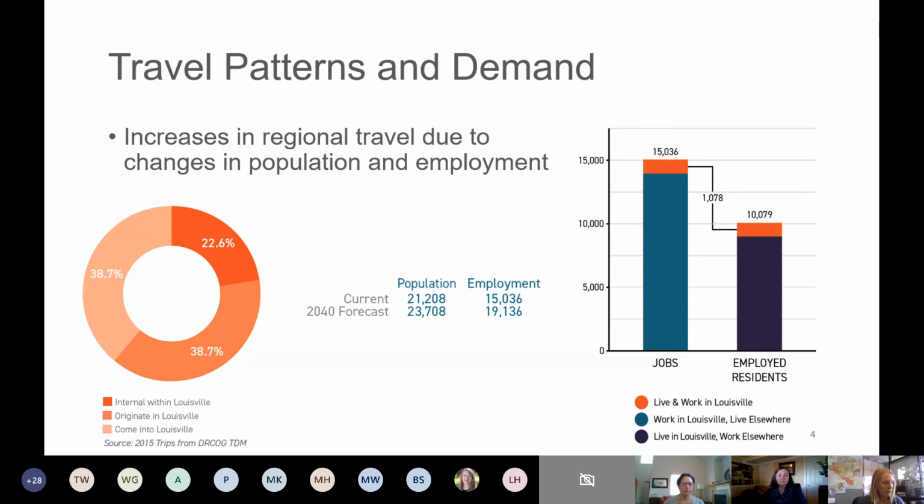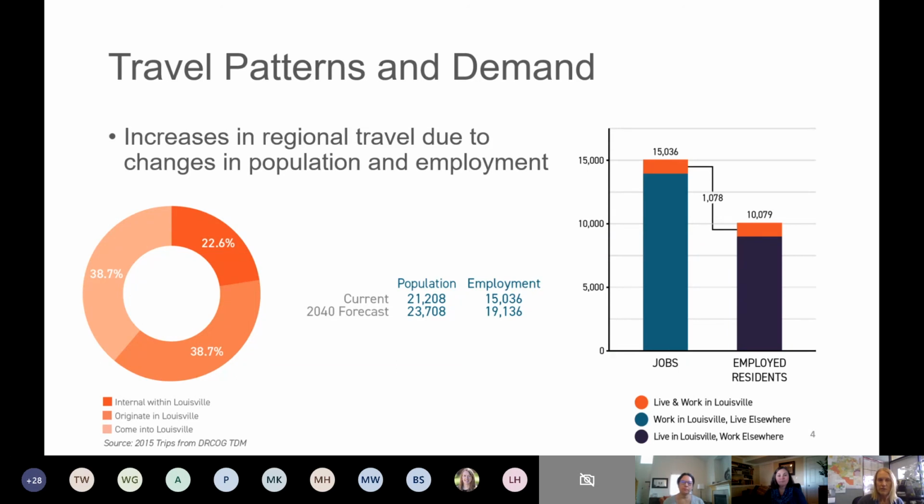Like many other locations in Boulder County, the majority of our travel comes in and out of the City of Louisville, and a smaller percentage is internal, where trips originate in Louisville going to places within Louisville. Our population has a little bit of growth happening, but is pretty much built out. So there's a little bit of information about our population.